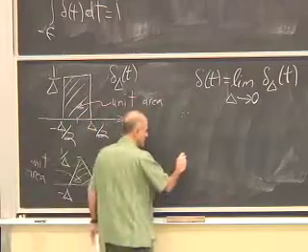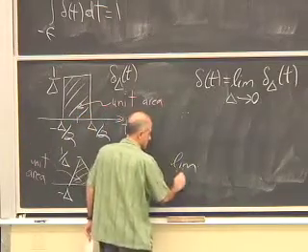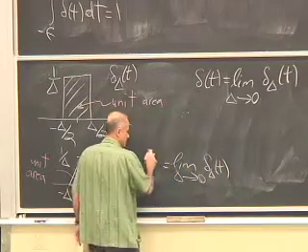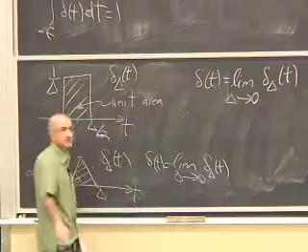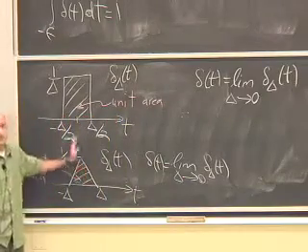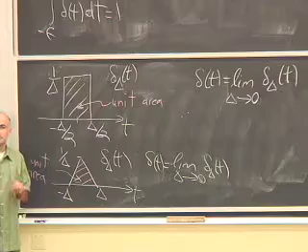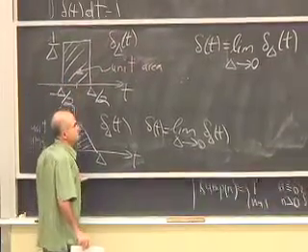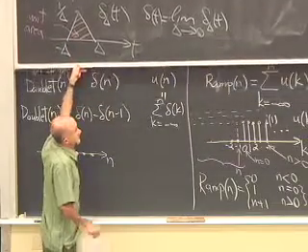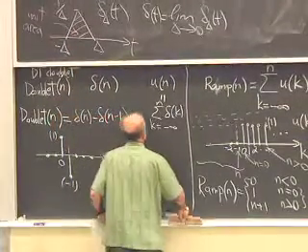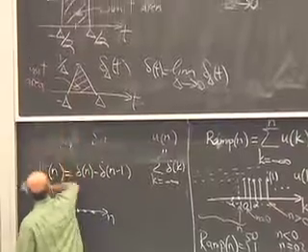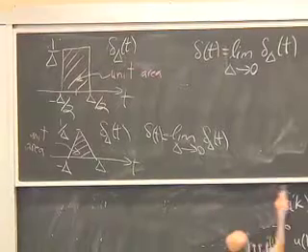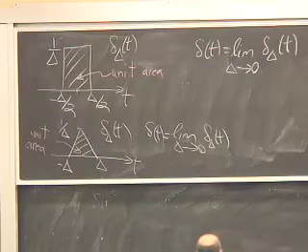And as I take the limit of this, I get something that's narrower and taller. And since you're always infatuated with the bell-shaped curve, I can also define the Dirac delta using the bell-shaped curve.